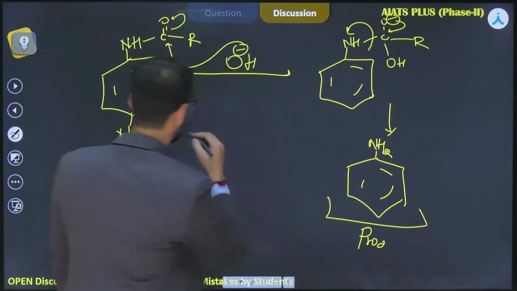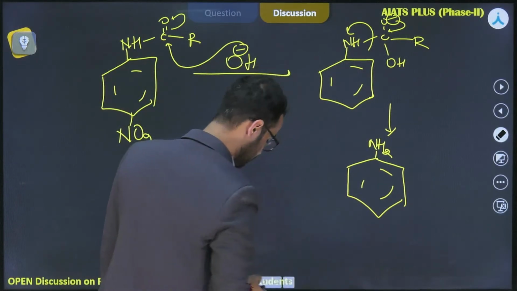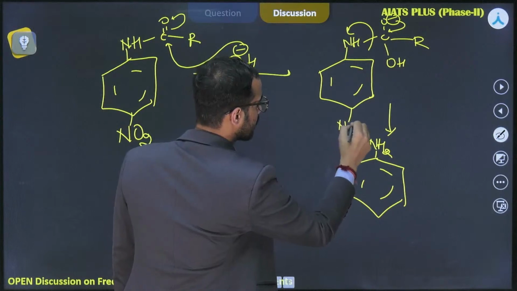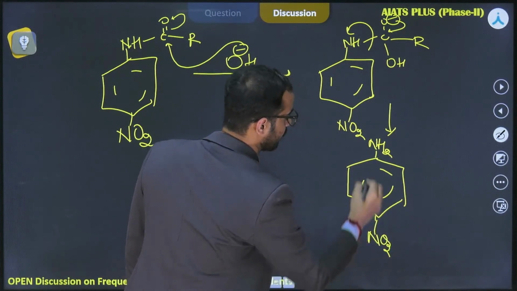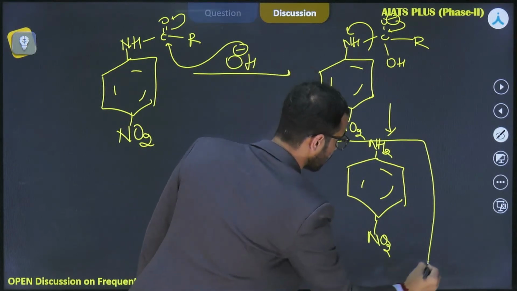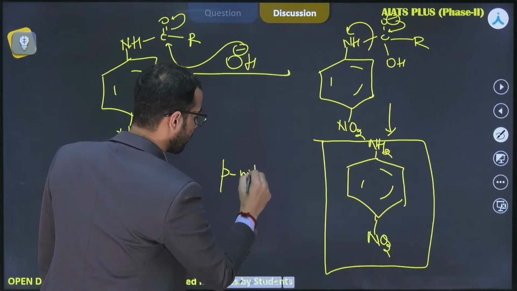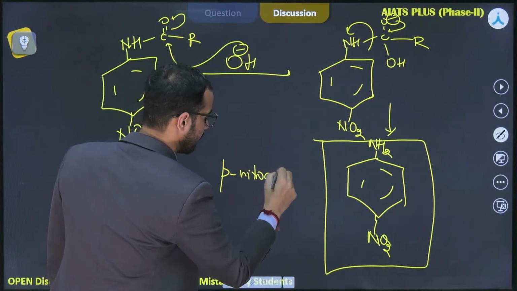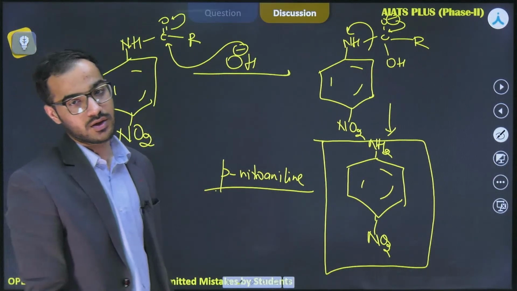The nitro group is already present here. This is para-nitroaniline. This is the final product we are getting.